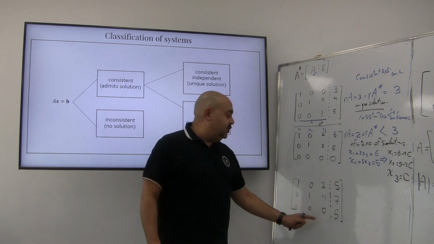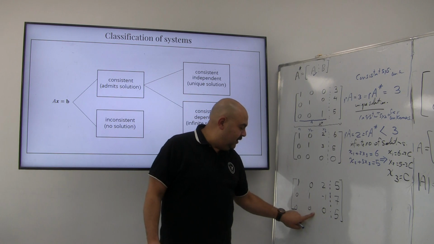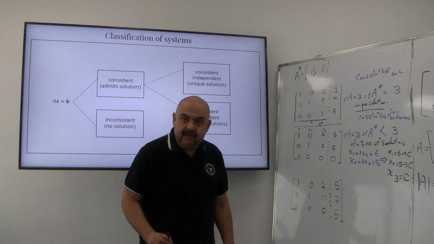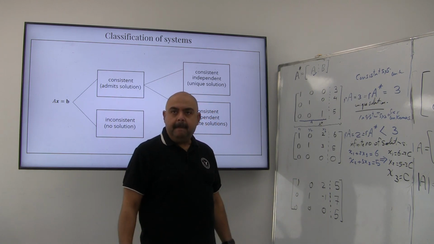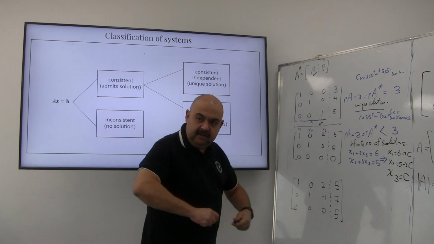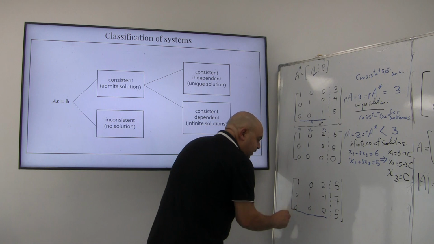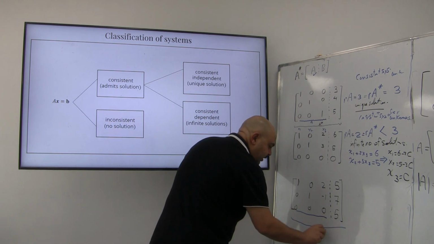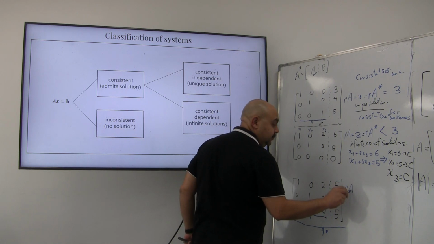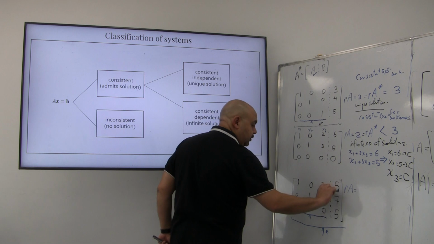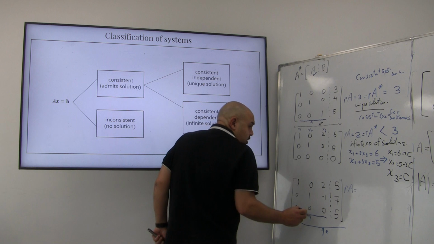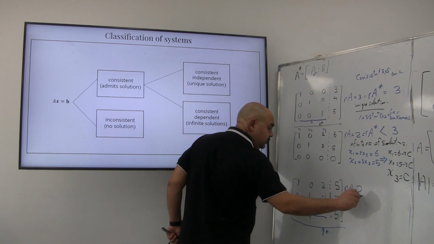Okay, let's see the last one. Let's see. The ranks are equal, so it's always consistent. Yes, exactly right. Can you tell me the rank of A? The small A and the A star, the big one. Tell me, what is the rank of A? 3? The first row is non-zero, the second row is non-zero, the third row is 0. So the rank of A is 2.